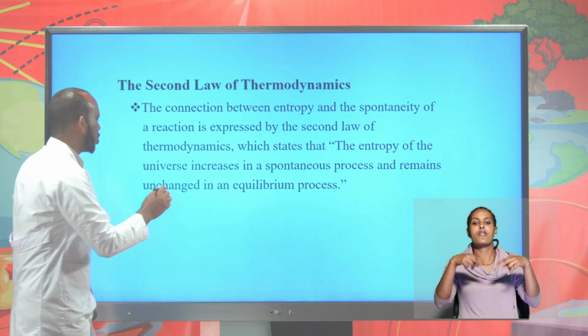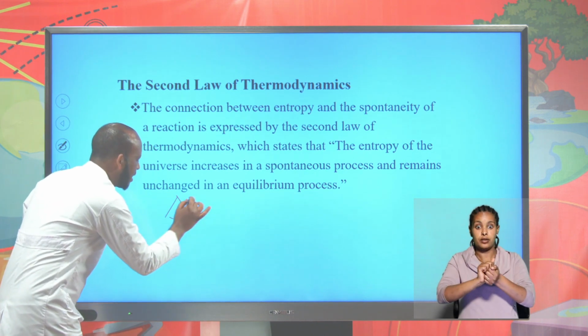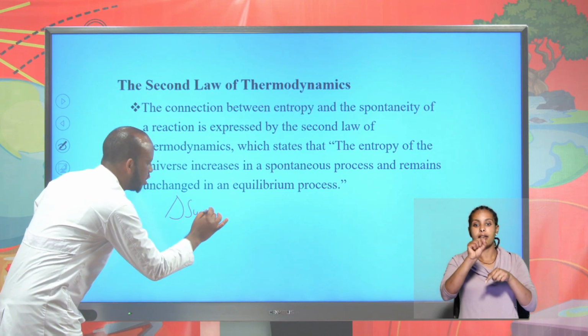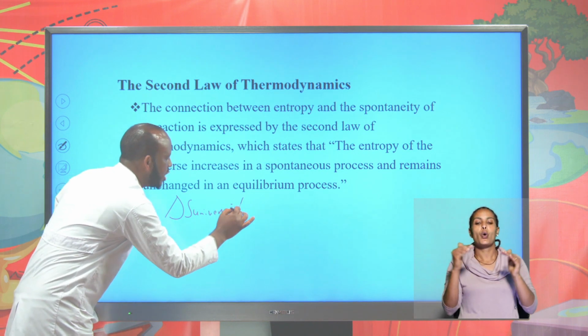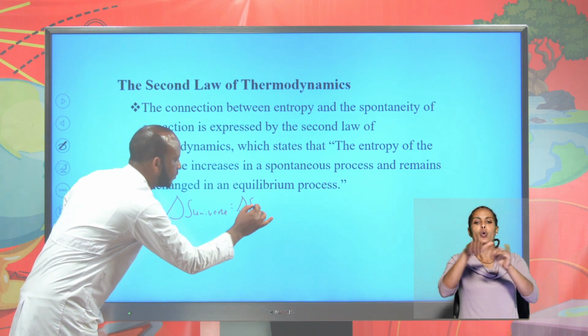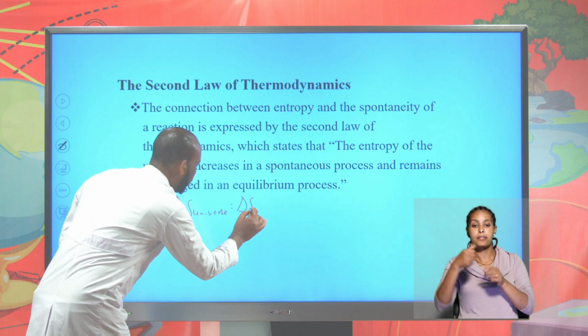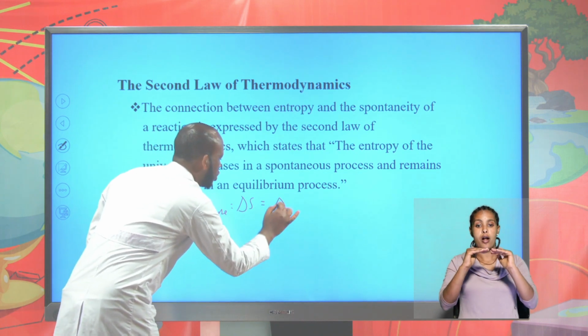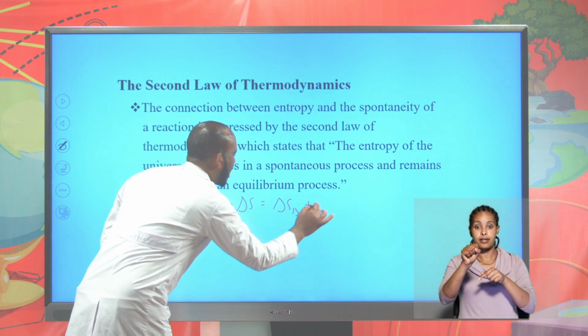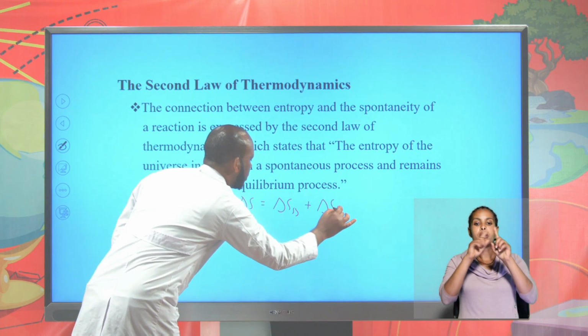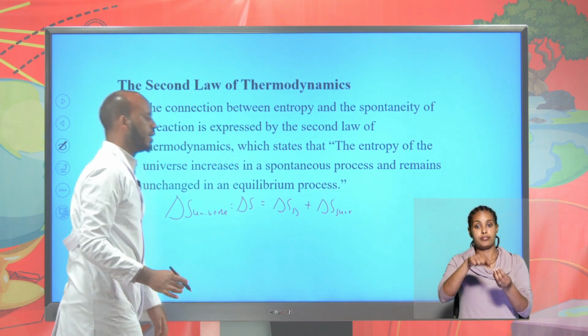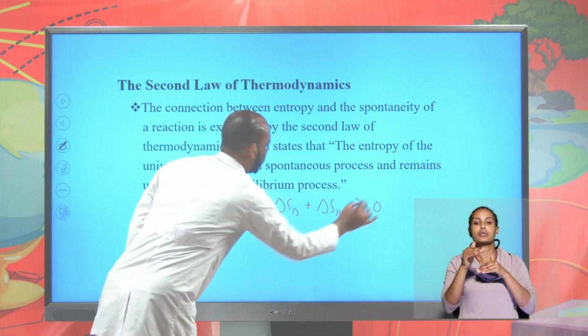That means the change in entropy of the universe, delta S of the universe, equals the change in total entropy, which equals the change in entropy of the system plus the change in entropy of the surroundings, greater than 0.